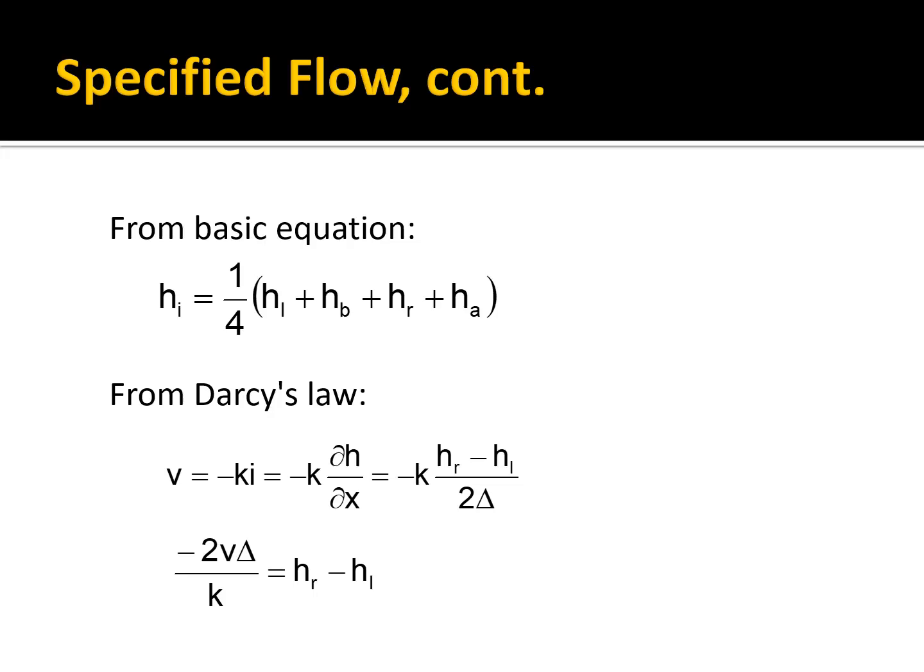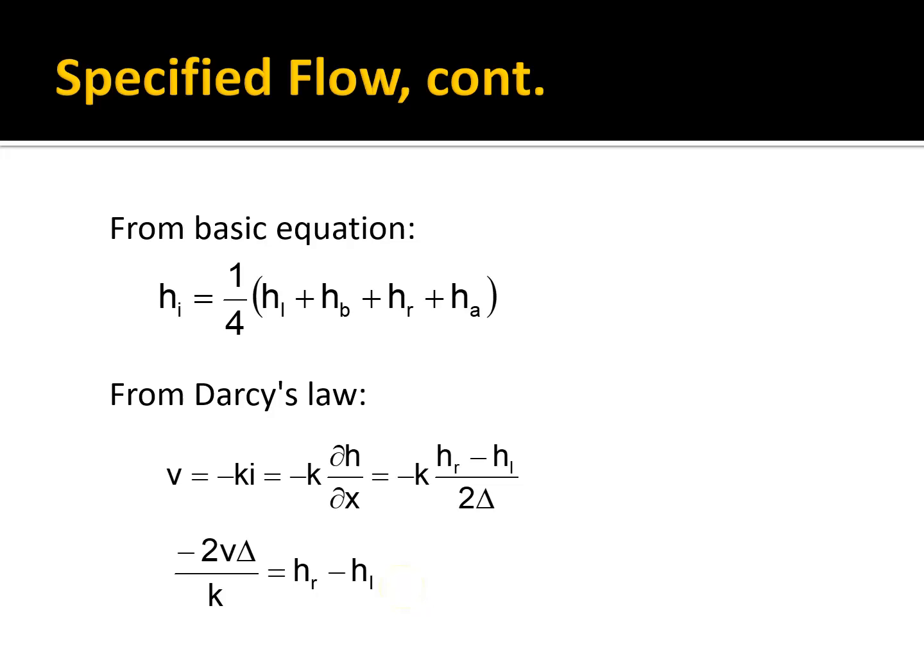And so if you then multiply both sides by 2 delta and then divide by negative k, we get minus 2v delta over k equals HR minus HL.